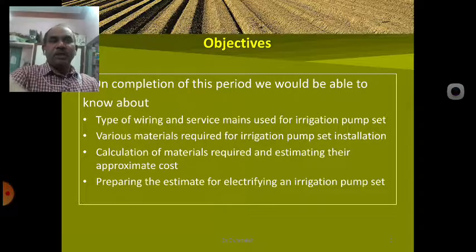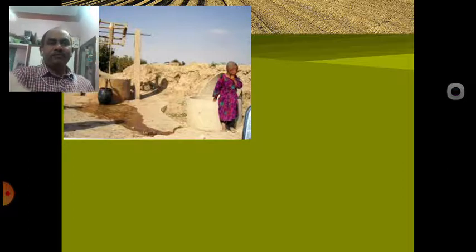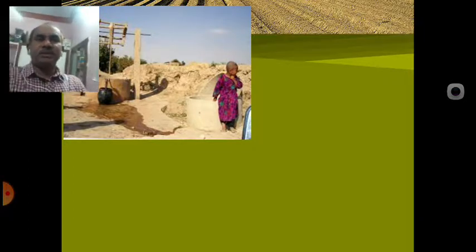These are the steps involved to know the basic idea of irrigation pump sets.